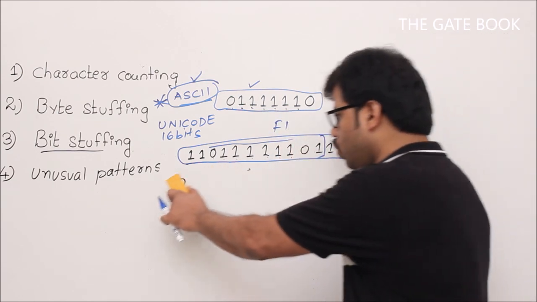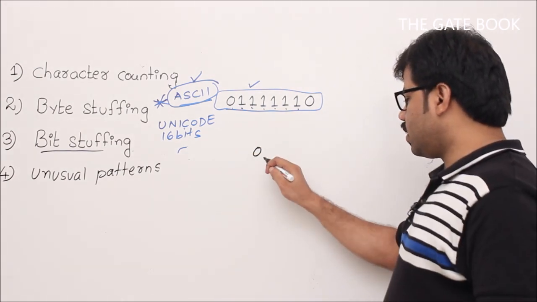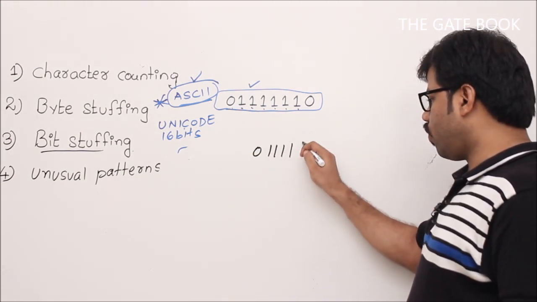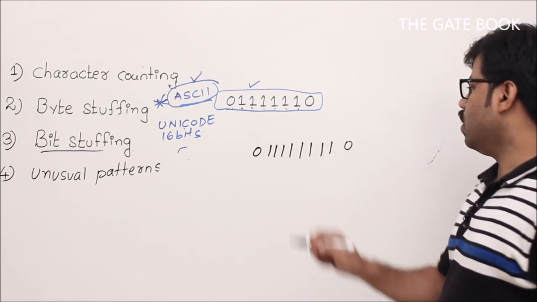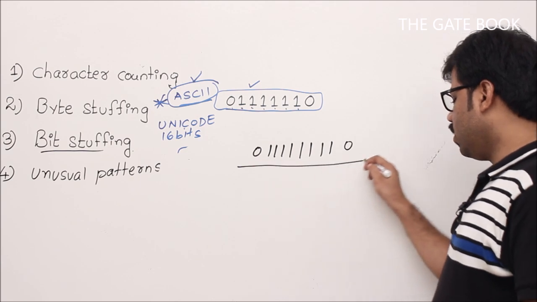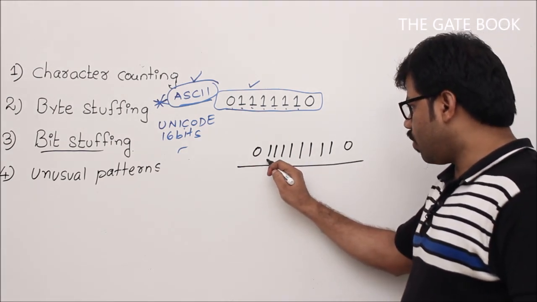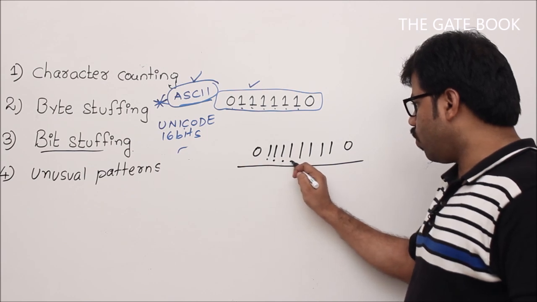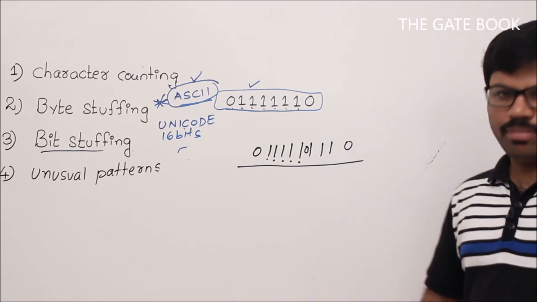Let me show you an example. Let's say your data pattern contains 1, 2, 3, 4, 5, 6 ones, after that 7, 8, 0. When you have this pattern in your data, after counting 5 ones, 1, 2, 3, 4, 5, you simply insert 0. Okay, so this is actually called bit stuffing.